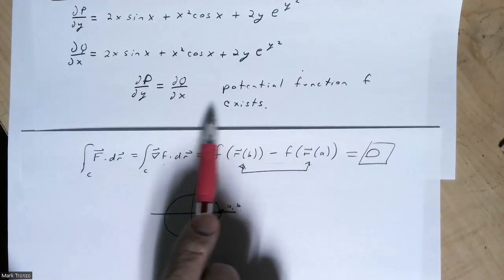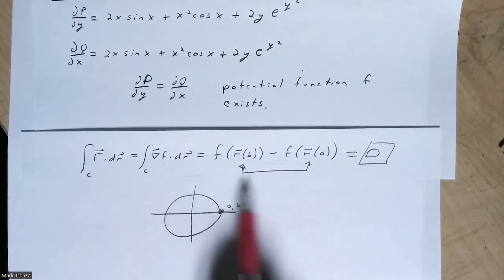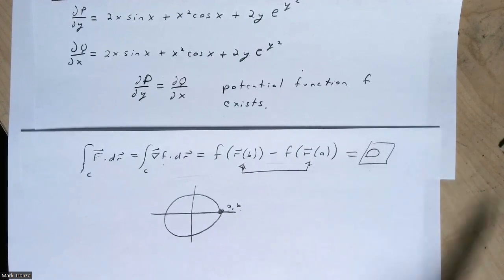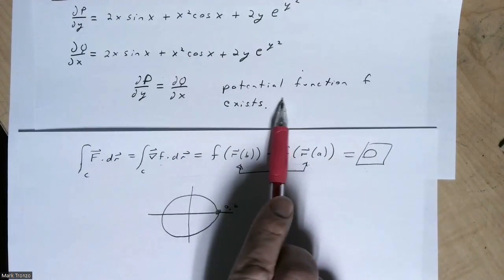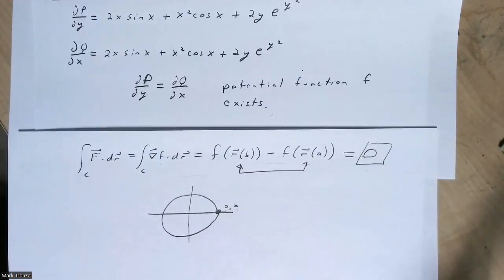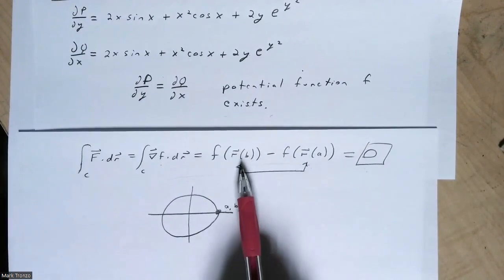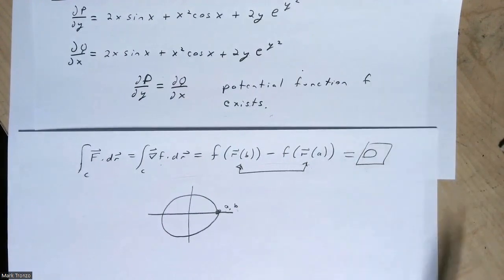If the potential function did not exist, then we could not apply the fundamental theorem of line integrals, and we could not have come up with this as 0. But because we had a potential function, we knew it's out there somewhere. We really don't have to find it in this case, because we're starting and ending at the same point, so our integral must be 0.